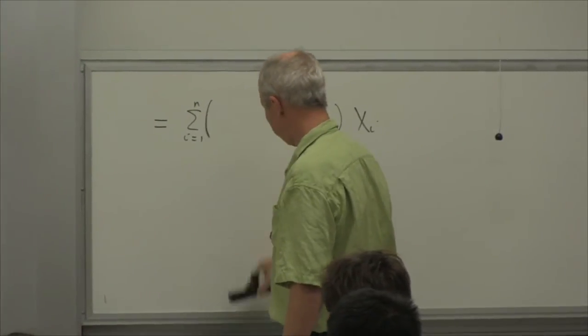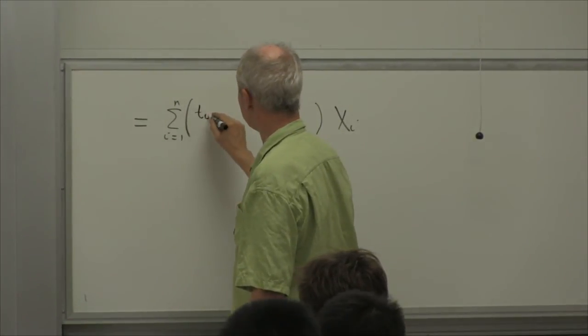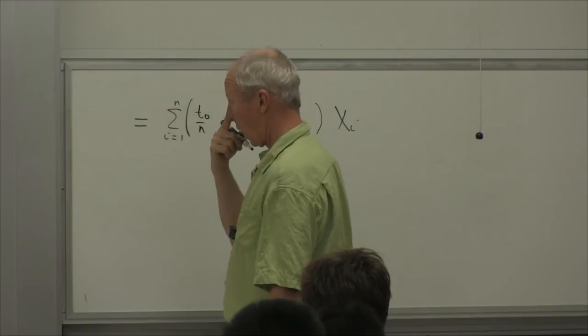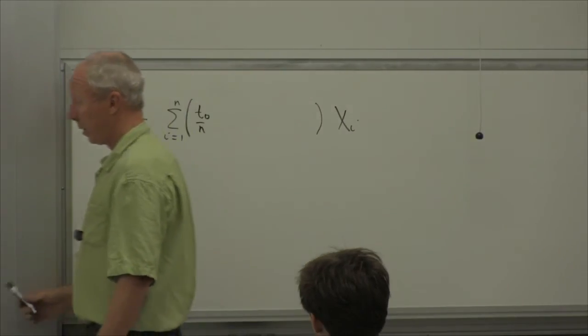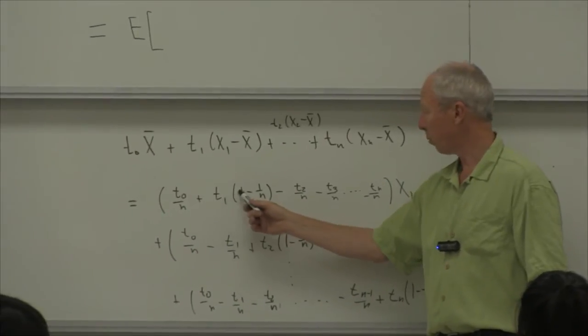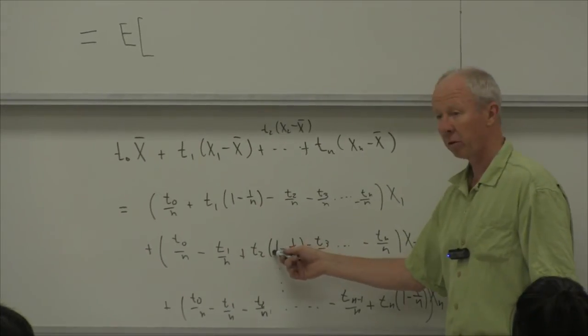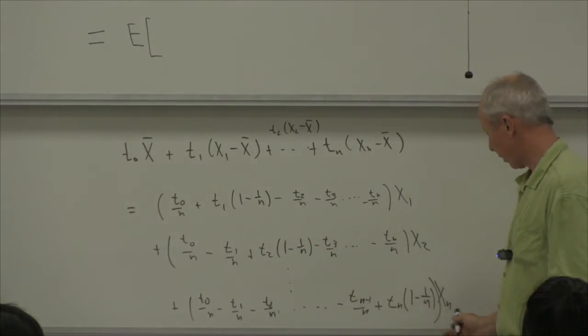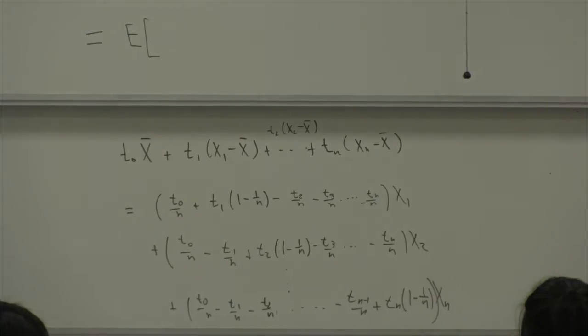Every one of them has a t0 over n. Every one of them has, for x1 I get a t1, for x2 I get a t2, for x3 I get a t3, for xn I get a tn. So I get a plus ti.